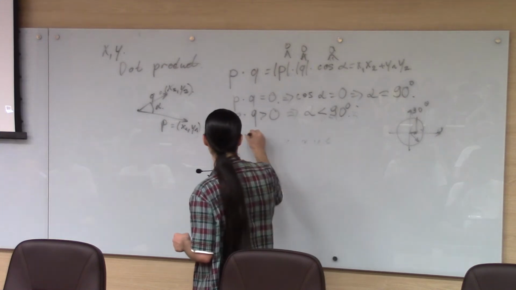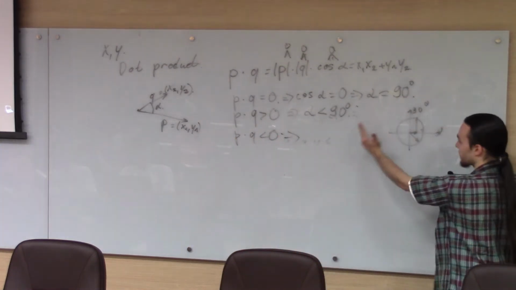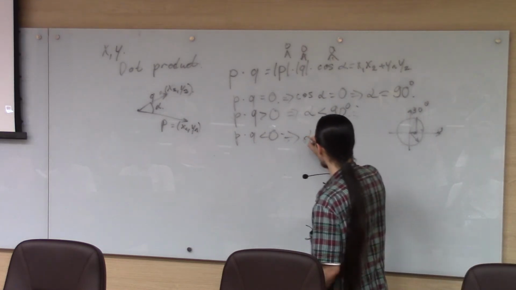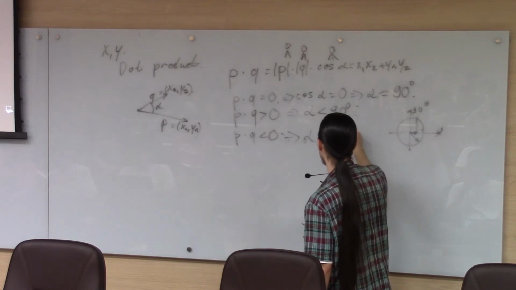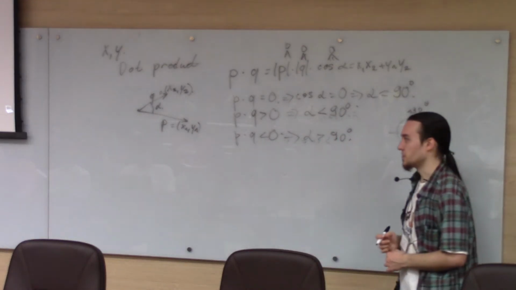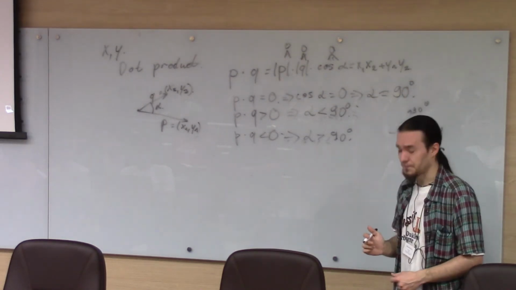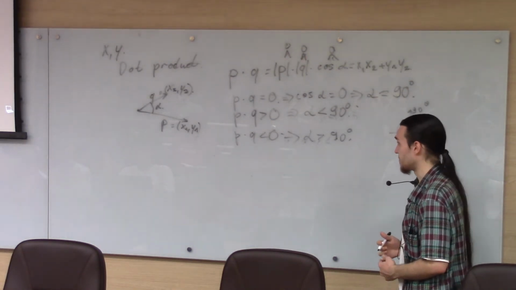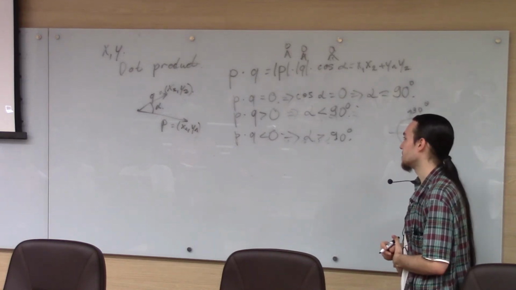And if it's less than 0, then we are to the left of this line. So we know that the angle is larger than 90 degrees. Okay, so this allows us to have quite a lot of information. It's not complete information, but it's still quite good.